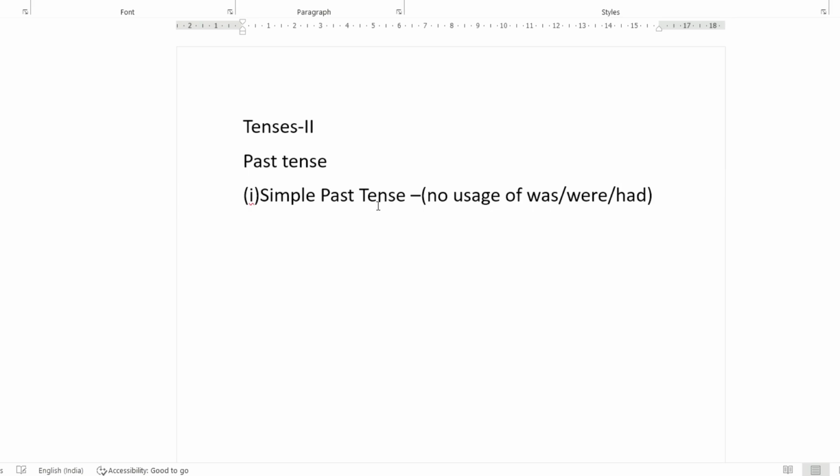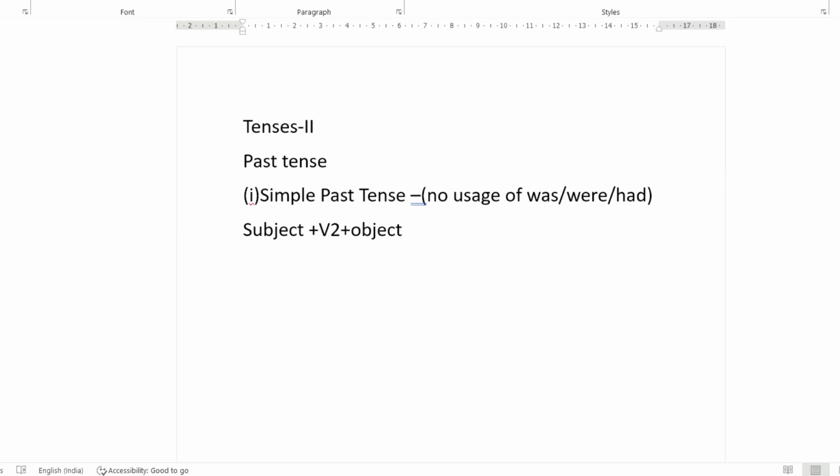These are the three helping verbs used in past tense. So in simple past tense, there will be no usage of was, were or had. The sentence will look something like this: subject plus verb in second form and object.